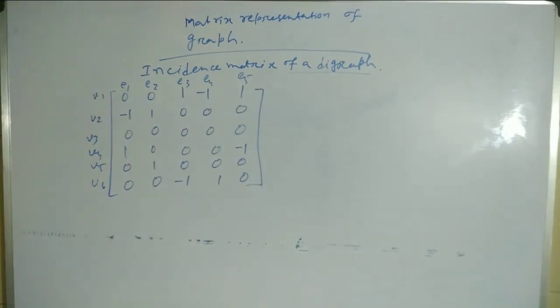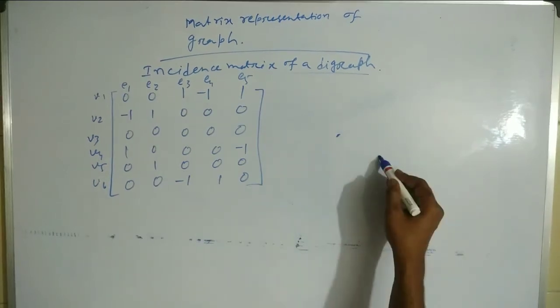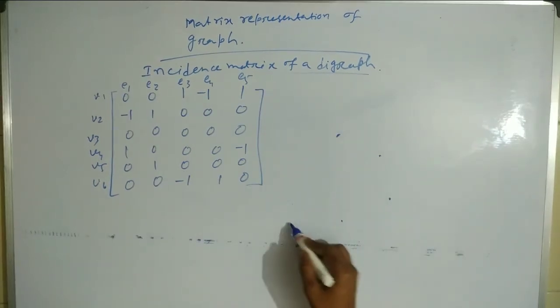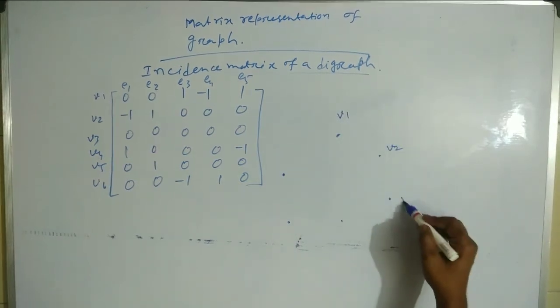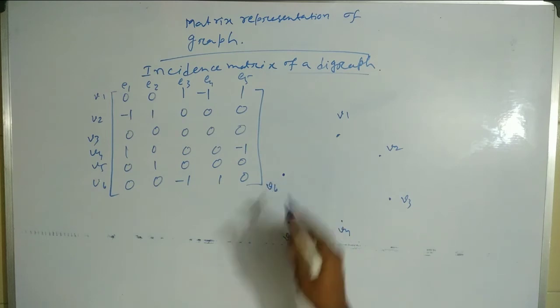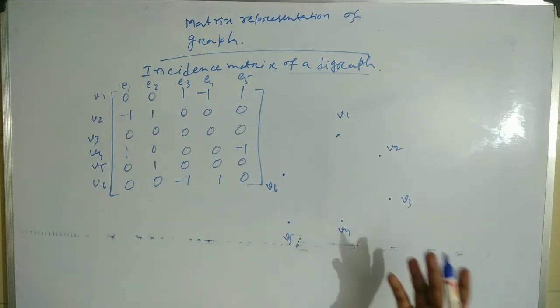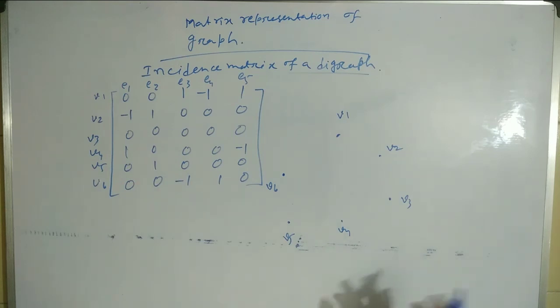Now the vertices as 1, 2, 3, 4, 5, 6. There is no such restriction that you have to put the vertices in this place or that place. You can put anywhere. You know the basics of graph theory, so there is no such restriction.